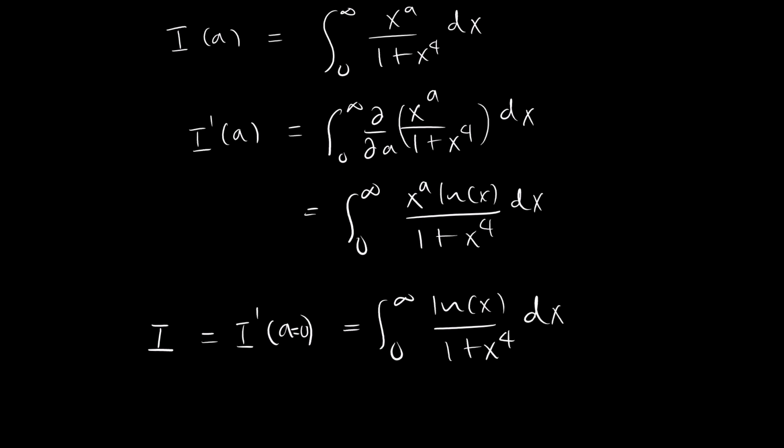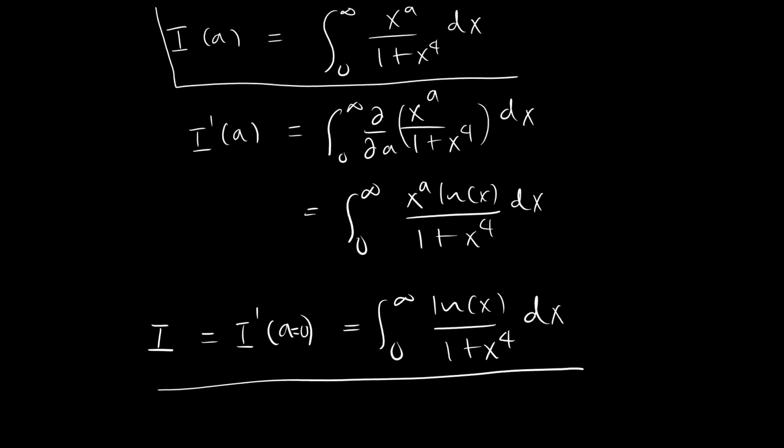So what does that tell us? It tells us that if we solve for this, then we can differentiate whatever we get, and that will lead us to this by substituting a with 0. Okay, so that's where we've gotten.